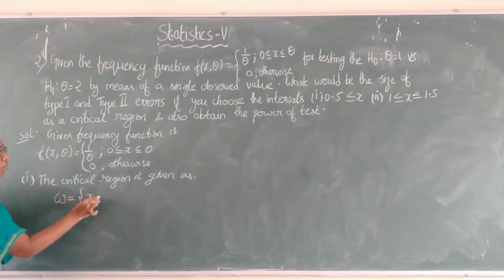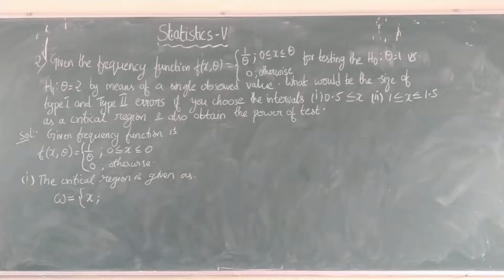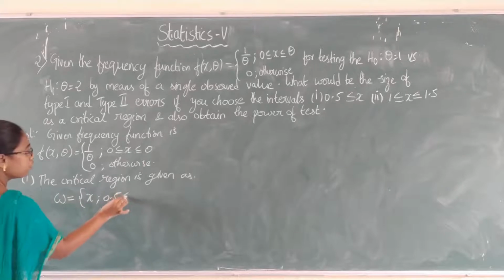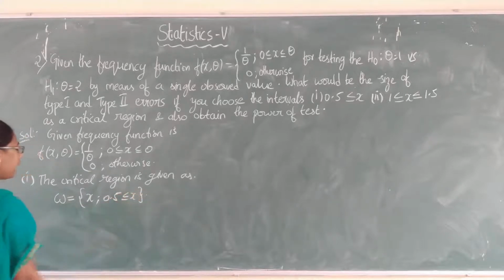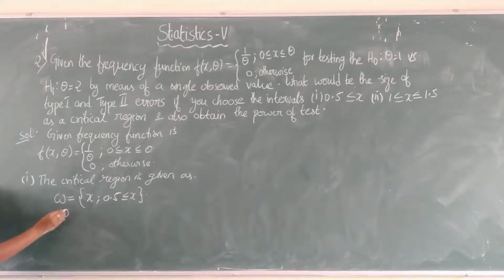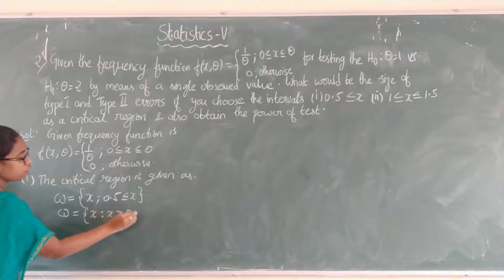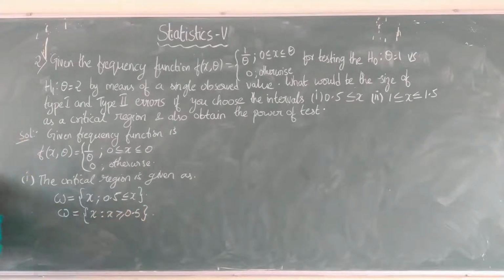The x values such that 0.5 is less than or equal to x. The same critical region can be written as omega, the x values such that x is greater than or equal to 0.5. Just for understanding purposes I have written it as x such that x is greater than or equal to 0.5. Now write down the acceptance region.